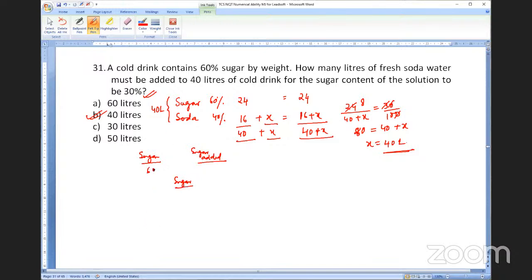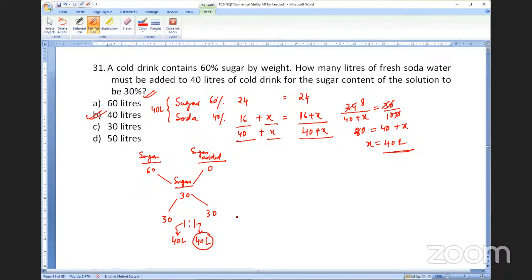Initially, sugar was 60%, 0% sugar is added, and now sugar becomes 30%. So if we do our alligation method, what do we get? 60 and 30 difference is 30, and 0 and 30 difference is 30. That means 1:1. If old volume was 40 liters, new volume that is added is also 40 liters. This way also we can find the solution.